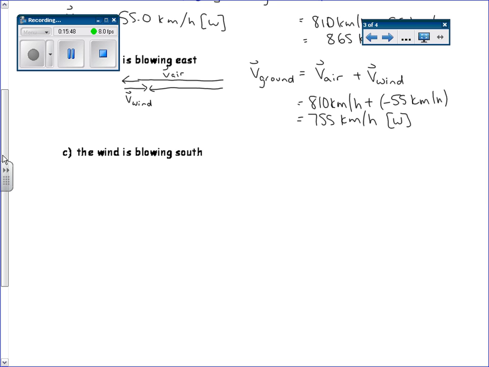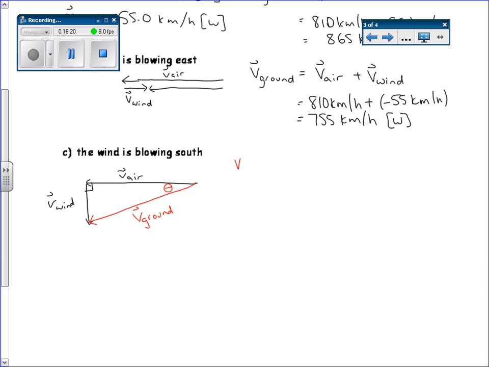Now the wind is blowing south. So the velocity of the plane in air is to the west, and the wind is to the south. They meet at a right angle, so we have to use our skills at adding two-dimensional vectors that meet at a right angle, which means we make a right triangle, and the velocity of the plane to an observer on the ground becomes the hypotenuse of that triangle.